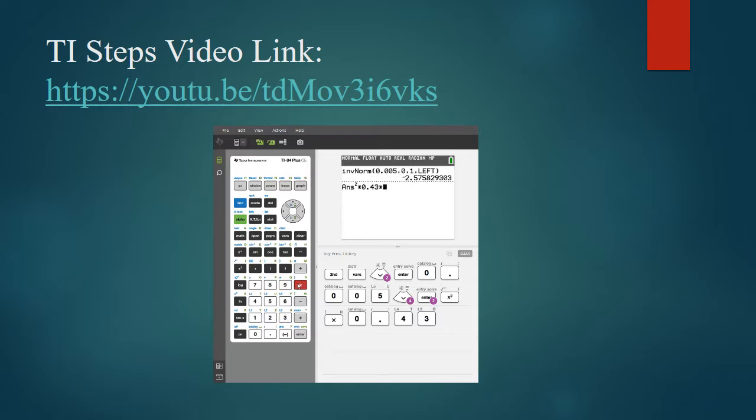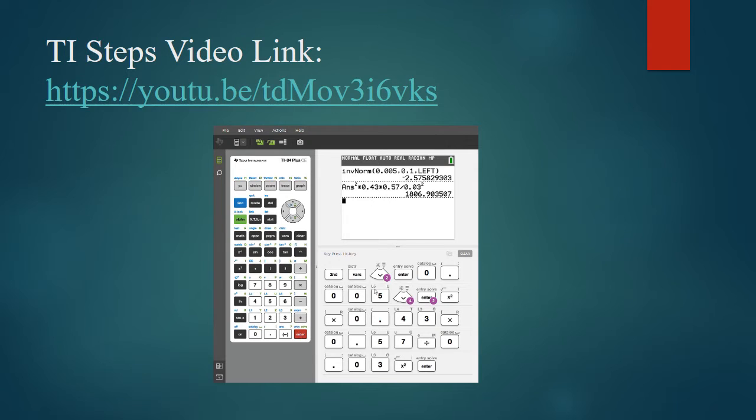We want to multiply it by our Q value, which as we already found is 0.57. And we want to take that result and divide it by our margin of error squared. And our margin of error for this problem was 0.03. And again, go ahead and square that. When we hit enter, bam, out pops our sample size.